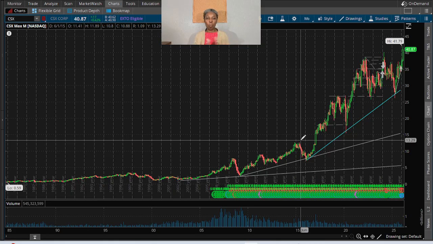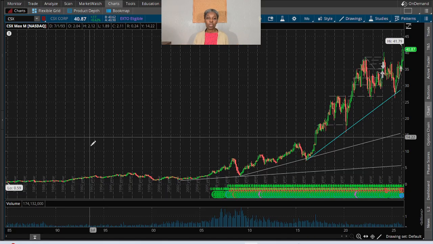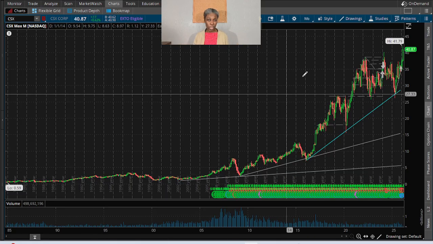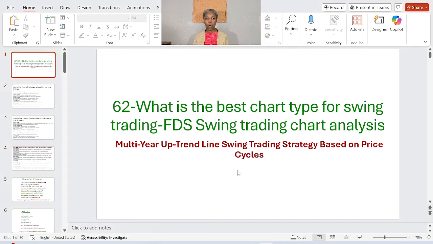Therefore, I can have a wide chart that I can look at to see the overall trend of that stock, because I'm trading growth stocks and using a long uptrend swing trading strategy, more precisely a multi-year uptrend swing trading strategy based on price cycles.